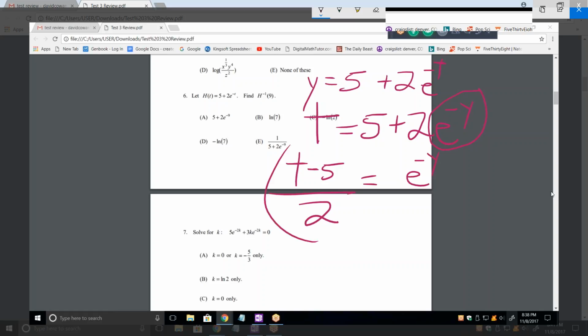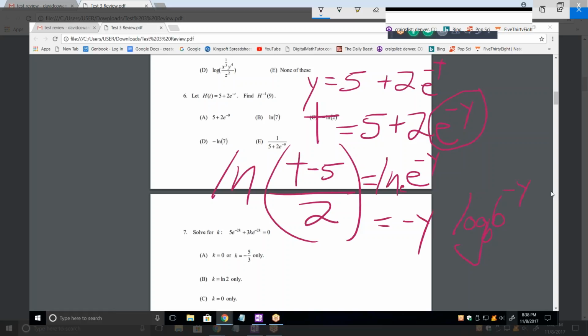Now, I'm going to take the natural log of both sides. And when I take the natural log of the right side, this is the same as log base b of b to the minus y, right? In other words, natural log is base e. So the e's are the same, so this whole thing becomes minus y. Okay?